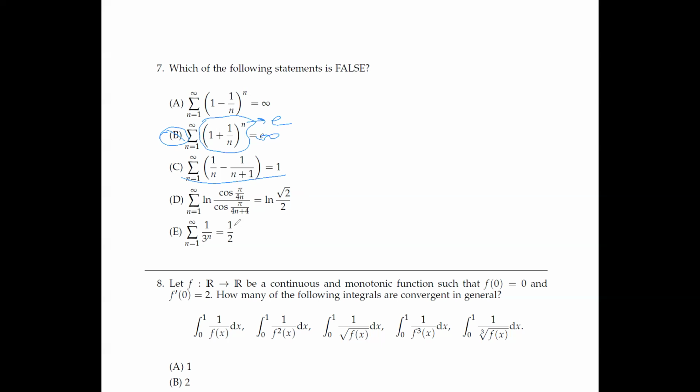And the last one is just an application of the infinite decreasing geometric progression: 1/3 over 1 minus 1/3 gives 1/2. Should be true. If instead of a sum you had a limit, of course it would be correct, but it is a sum, not a limit. I think we are done with this test.